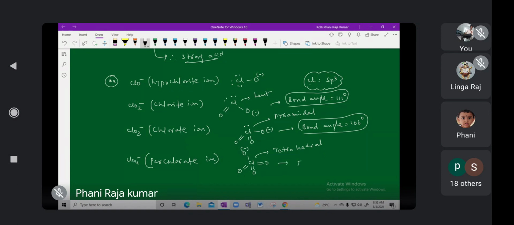And here, bond angle 109 degrees. Second value, please highlight none. Exceptional bond order in ClO2 minus.